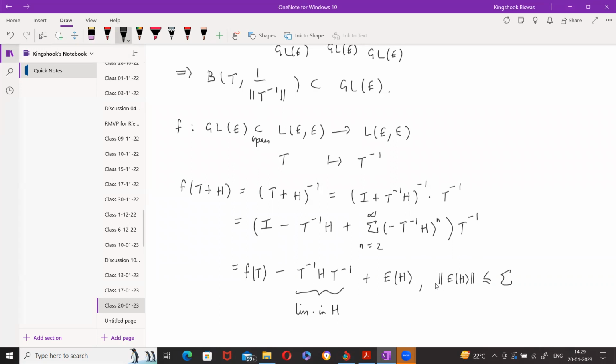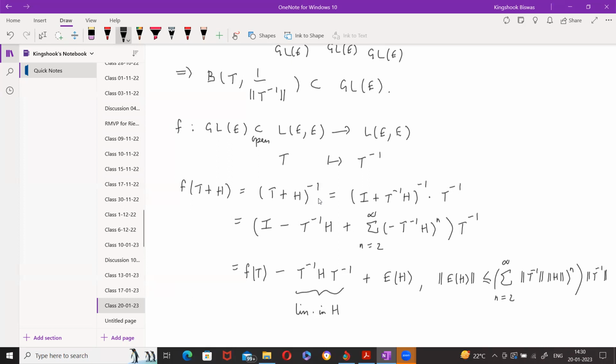And by the multiplicative property of the operator norm, this is less than the sum of norm T inverse power n times norm H power n, the whole thing, and then I'll get norm T inverse here.